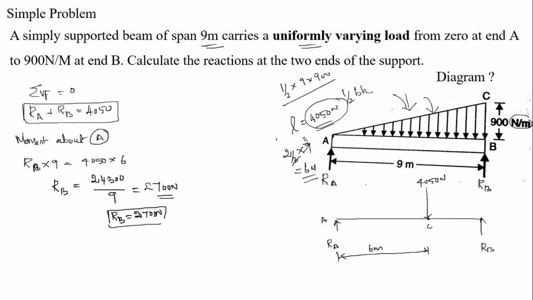Now we know the equation RA plus RB is equal to 4050. Substitute this RB value in this equation, right? So RA is equal to 4050 minus RB. So now RA is equal to 4050 minus 2700, which is equal to 1350 Newton, right?